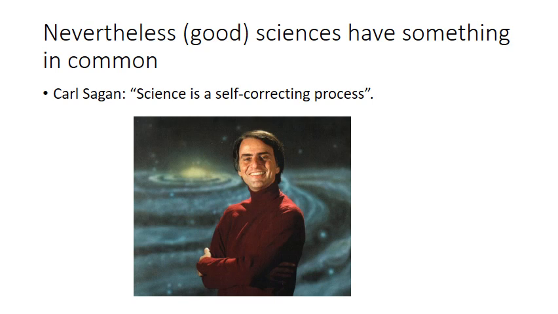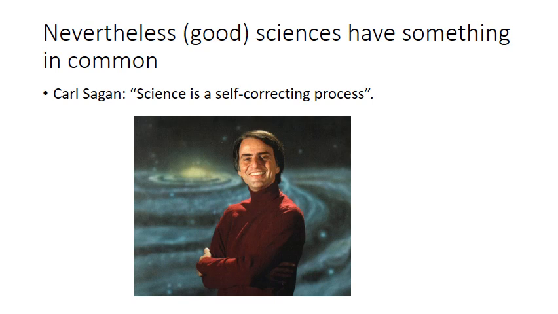But interestingly, according to a very influential scientist, a physicist, and a popularizer of science, Carl Sagan, very famous in the late 20th century in the United States, all good sciences, both human and natural sciences, have something very important in common.